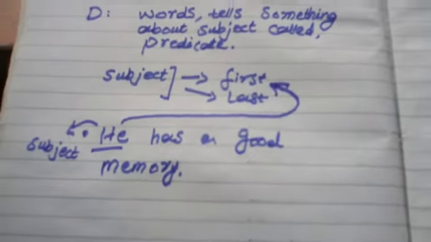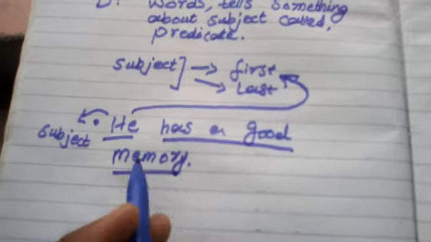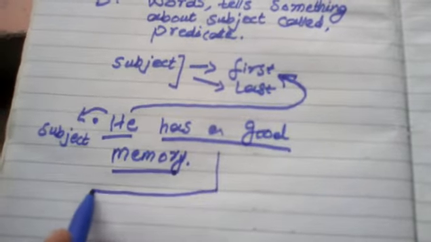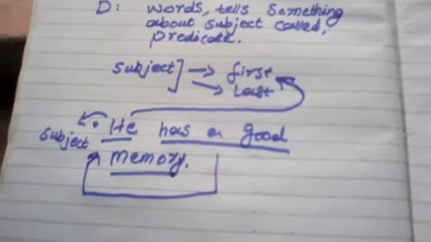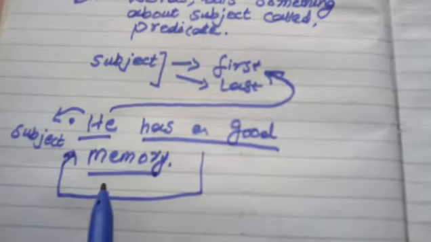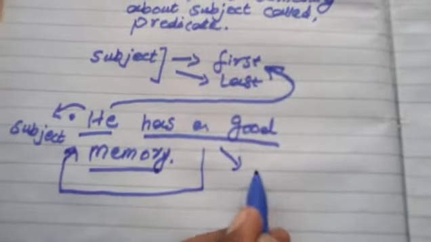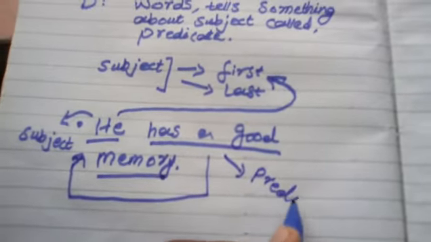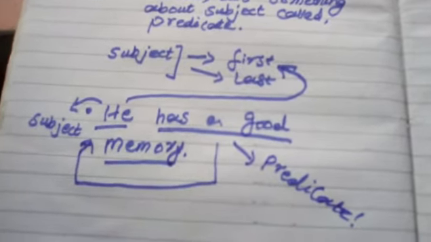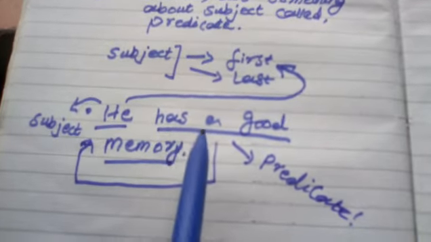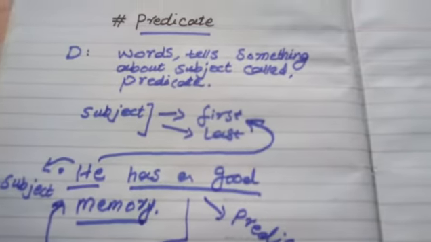But this tells something about the subject. Has a good memory, it is the predicate. A group of words which tells something about the subject is called predicate.